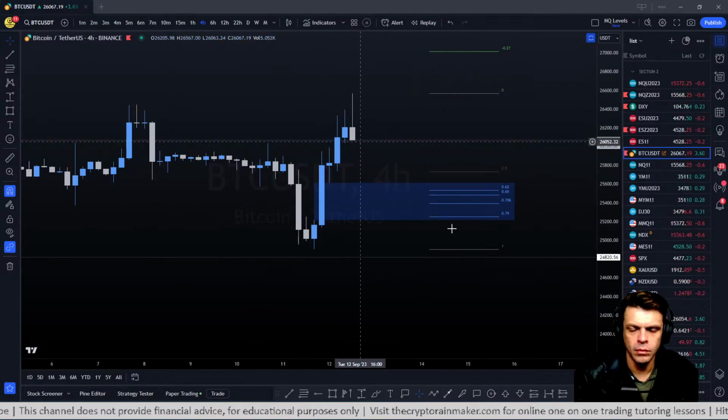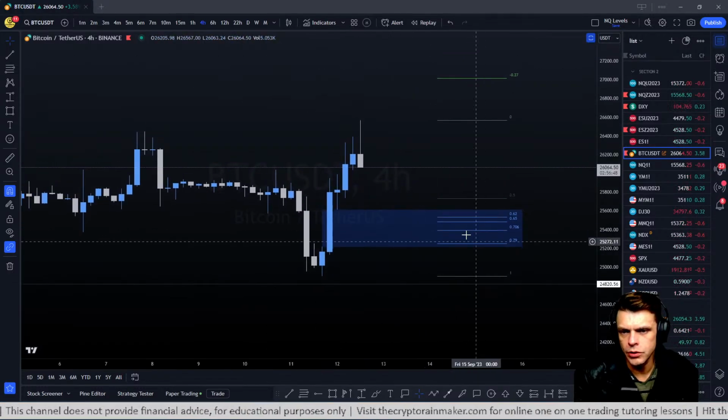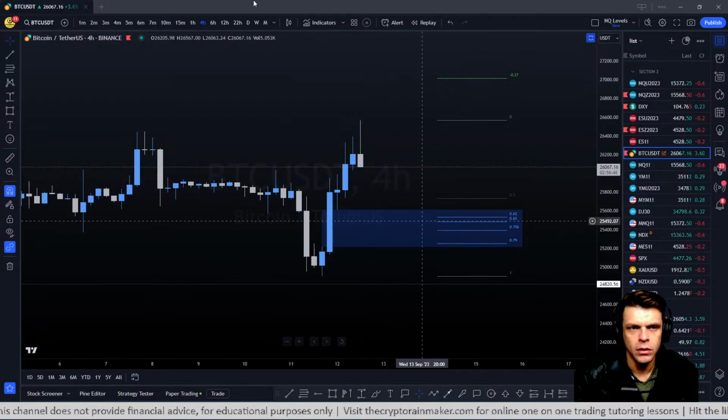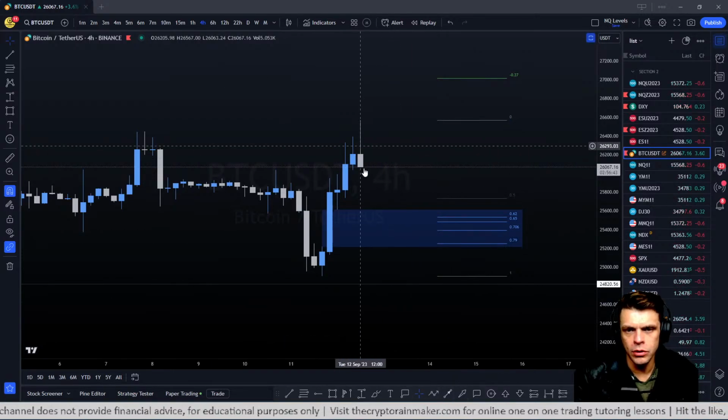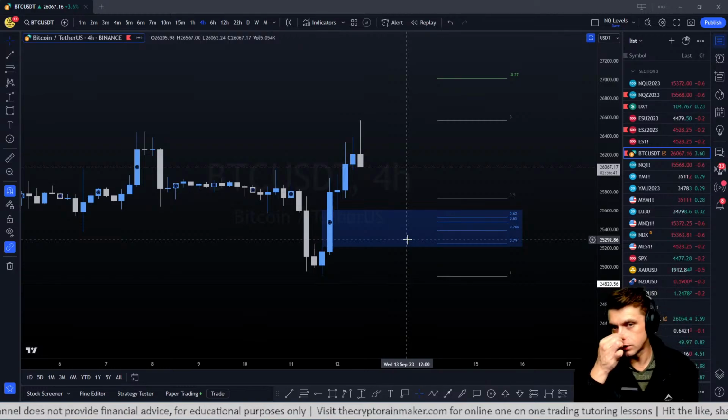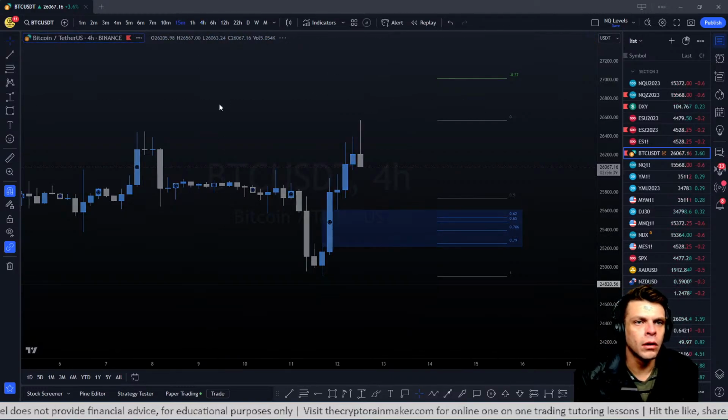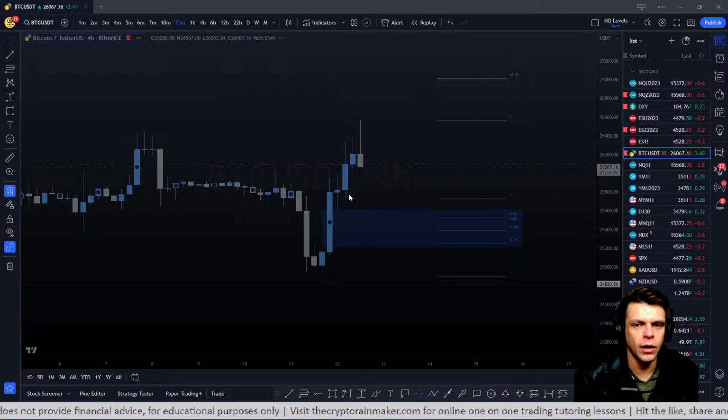Potentially a 786 Fibonacci retrace or OTE. So what I would personally do is you just wait for it to get into this level. And then on Bitcoin, I like to use the 5 minute for the market structure shift.